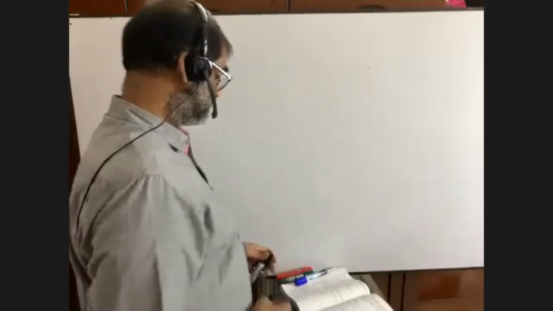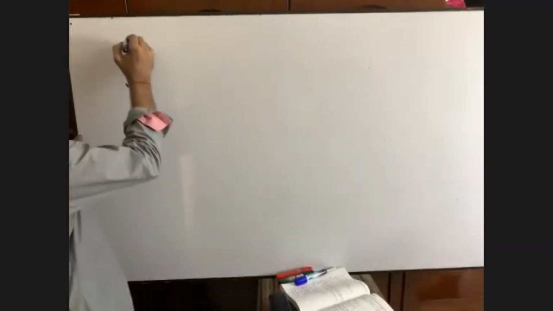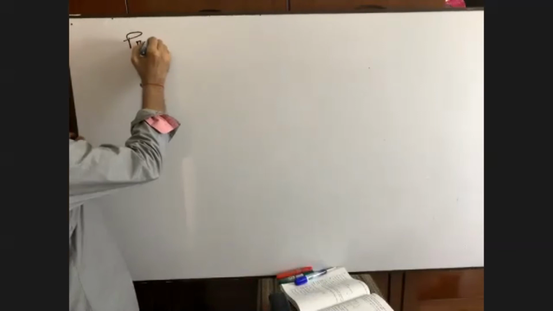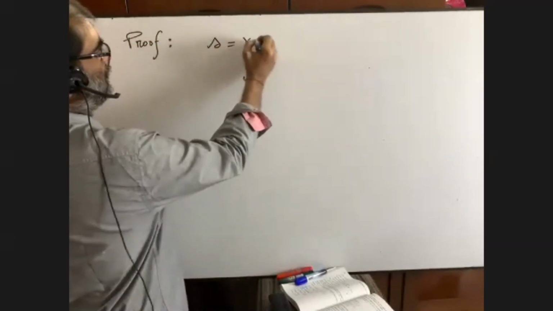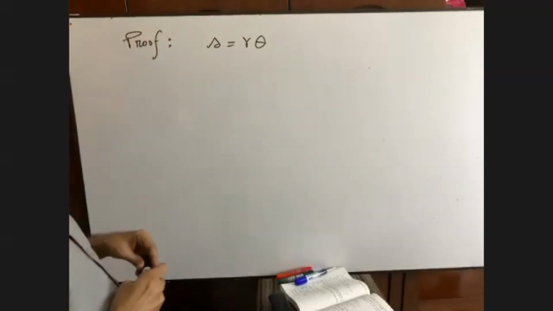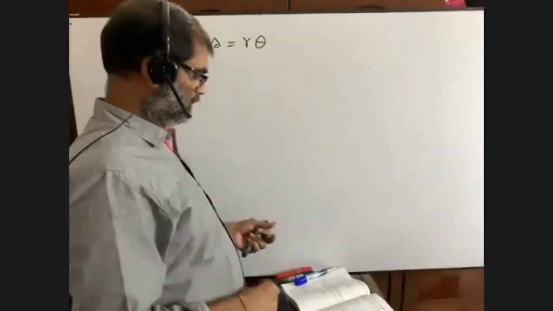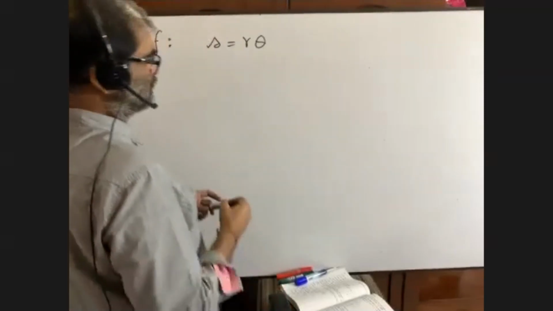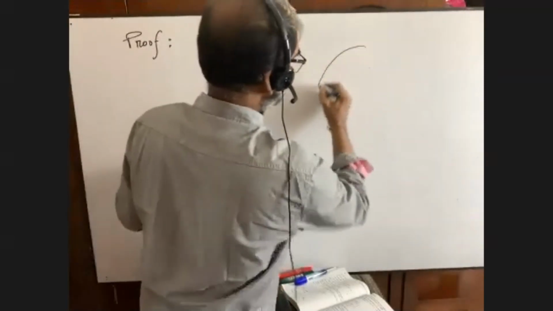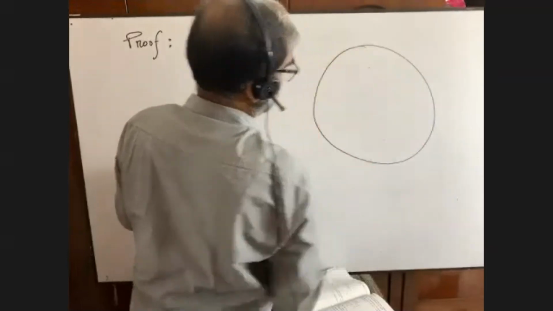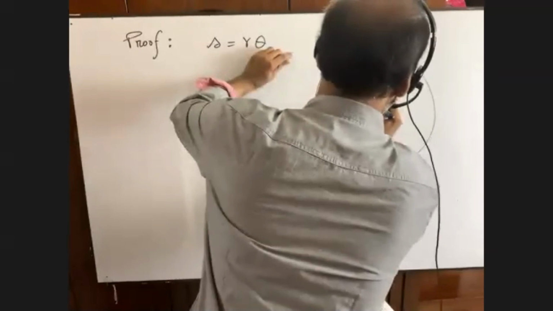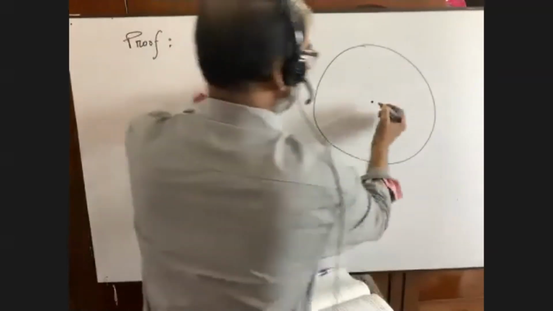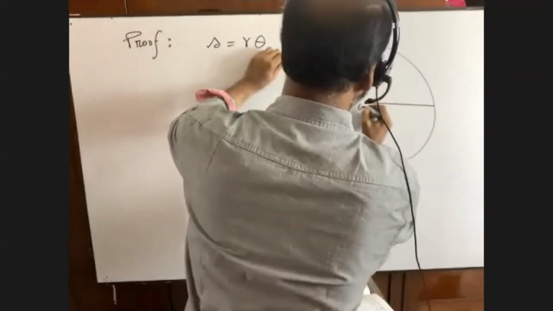Now, all of you get it. Draw a circle. Have you drawn? Now you see, this is the center. It is any radius. It is O. It is A. Any radius I have considered.